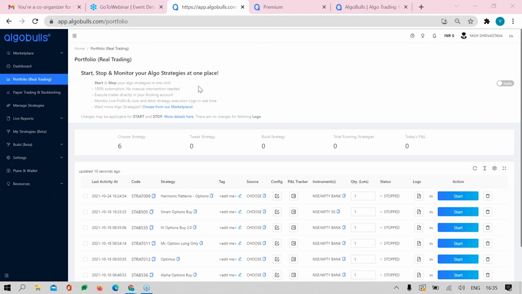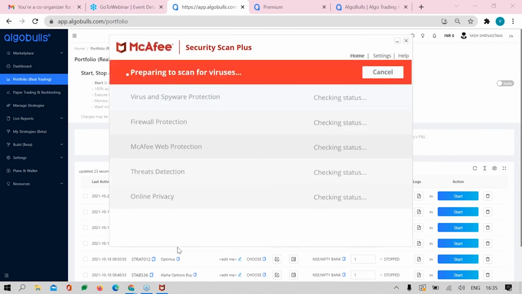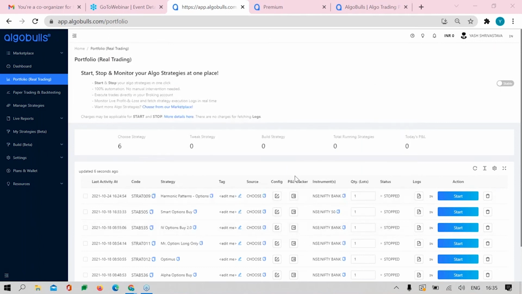Can we have a live demo in the marketplace? Sure. We are planning a live demo during market time. At that time, we can show you how the strategies execute within the marketplace, how they perform during market hours, and how the order management system and order execution happen from AlgoBulls to your broker's platform.